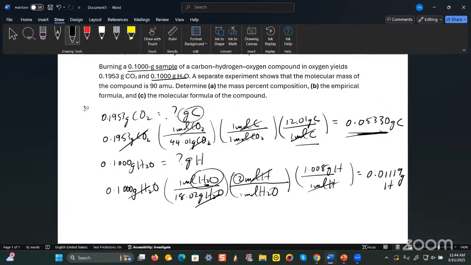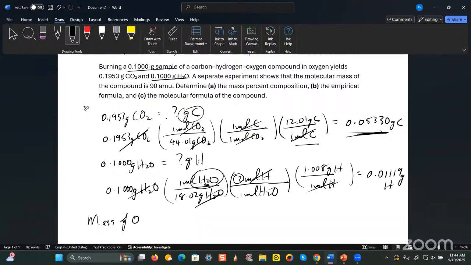But how would you use that to determine the mass of the oxygen along with these 2? Any ideas? You do 2 separate problems and then add them together.